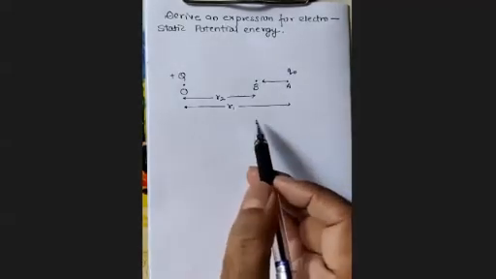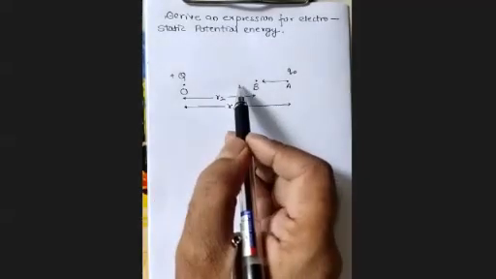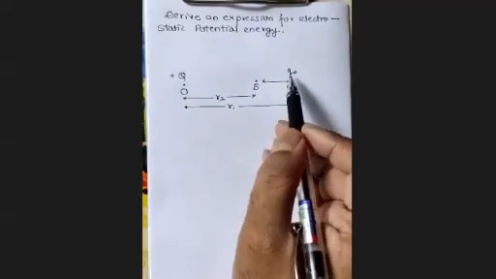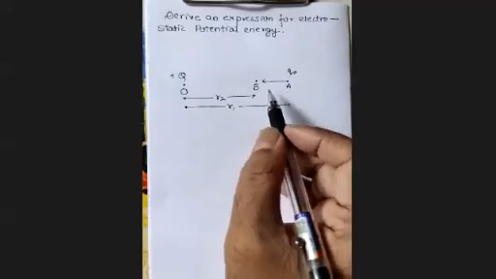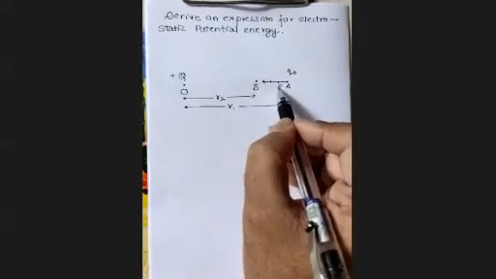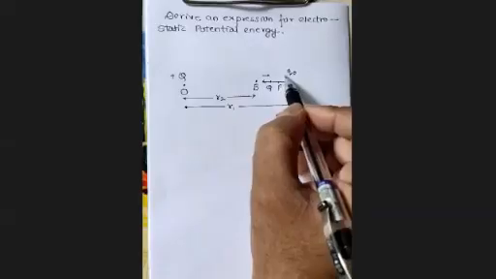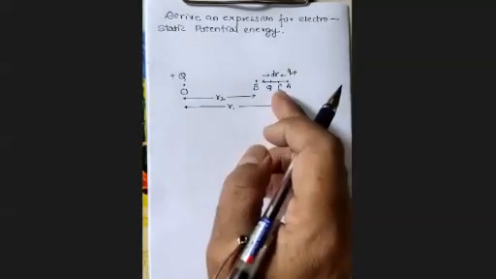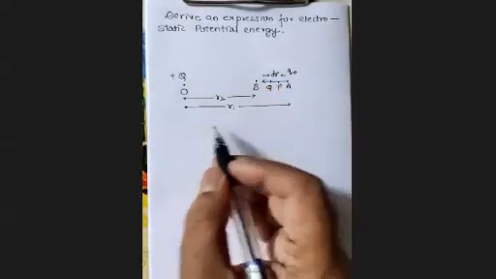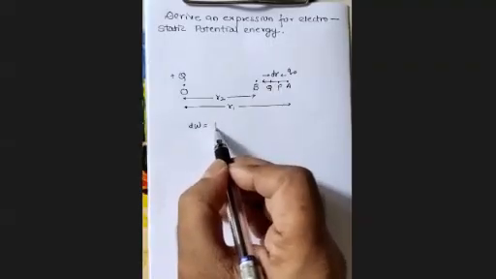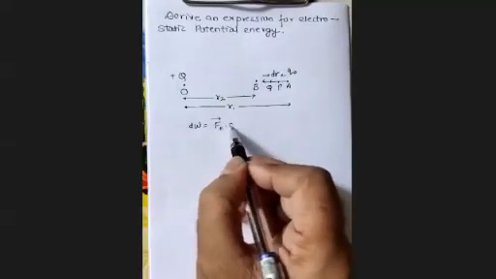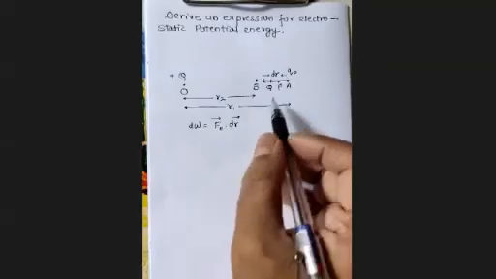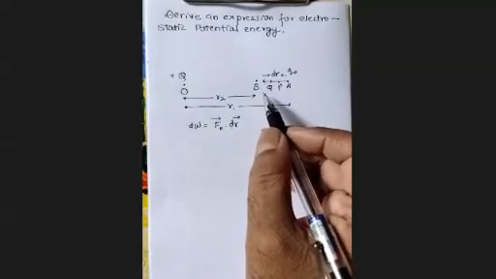So work is done against the electrostatic force while displacing a charge Q naught from A to B. Now suppose we consider an intermediate position P to Q, and the displacement of the charge is dr. Then work done in displacing the charge Q naught from P to Q will be given as dW equal to electrostatic force into dr. Now this electrostatic force we are applying is in the opposite direction, which opposes that.